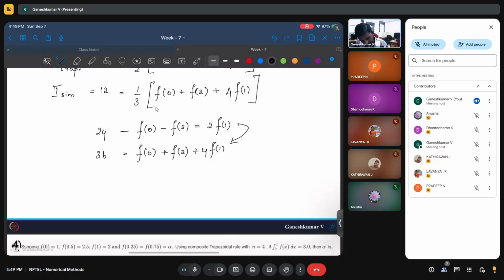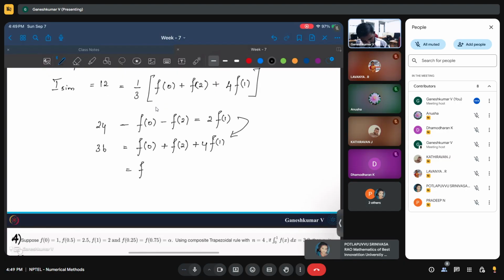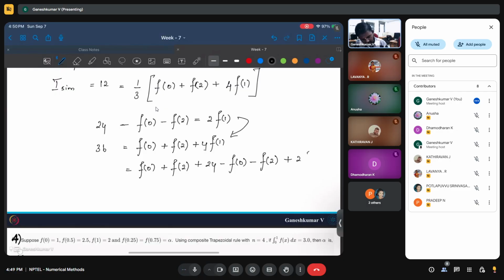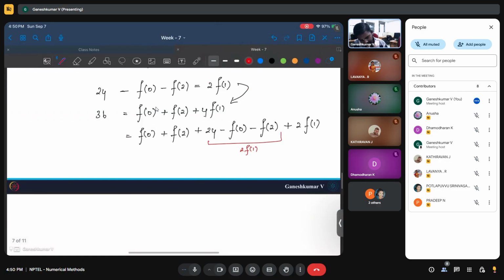Now I substitute this here. f of 0 plus f of 2 plus 2 f of 1 will become 24 minus f of 0 minus f of 2 plus 2 f of 1. So 2 f of 1 plus 2 f of 1 is 4 f of 1. I just substituted it here.